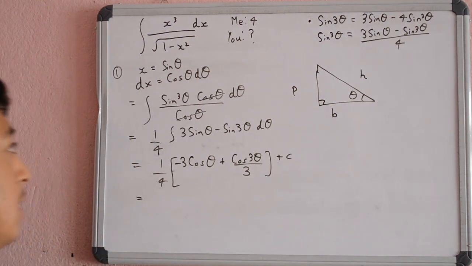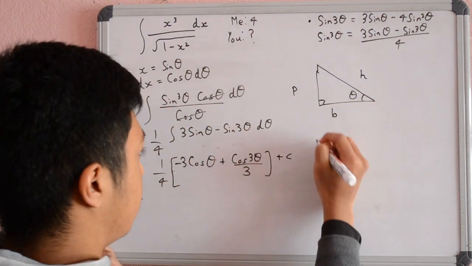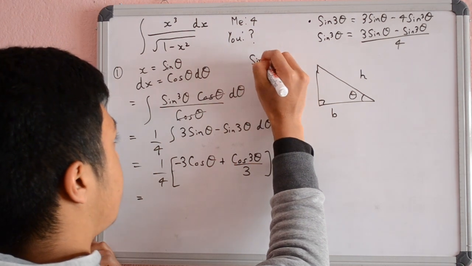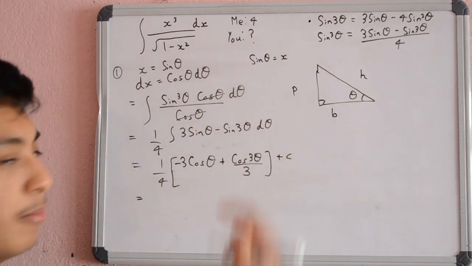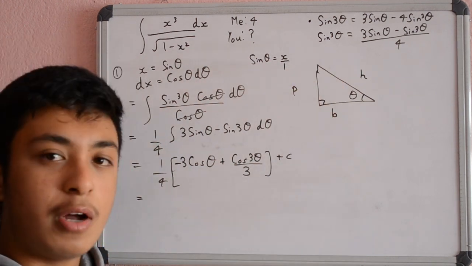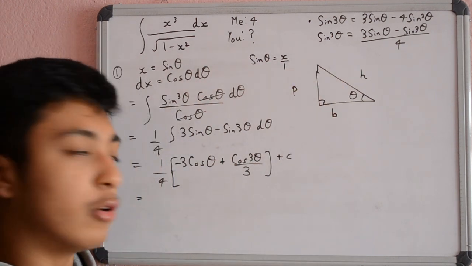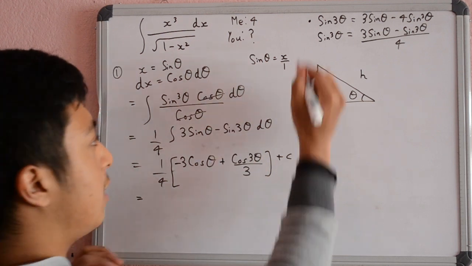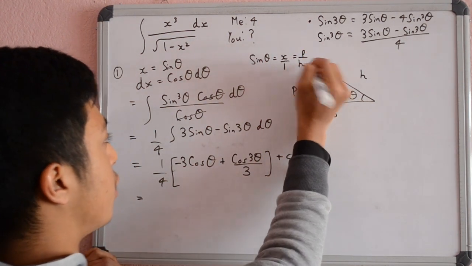Now let's use what we substituted. We had sine theta equals x, but we can rewrite x as x by 1. And from our most basic knowledge of trigonometry, we know that sine theta is the perpendicular by hypotenuse.